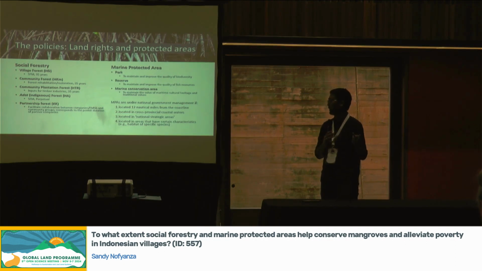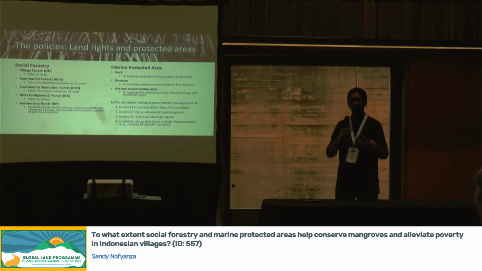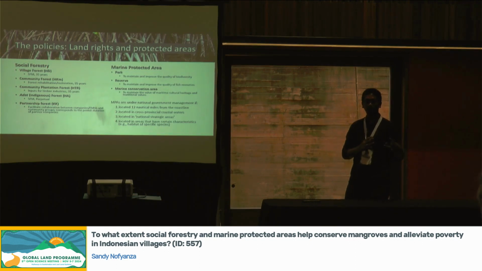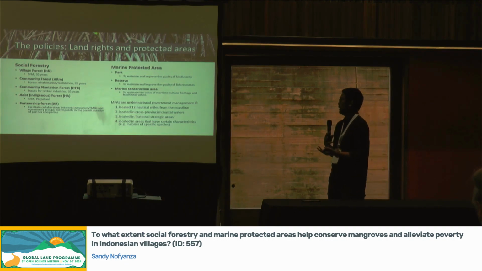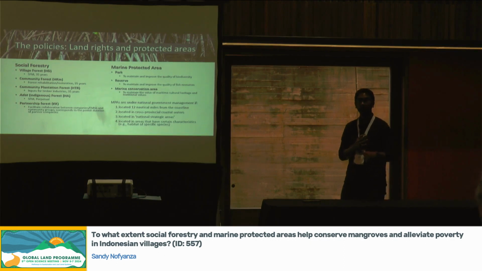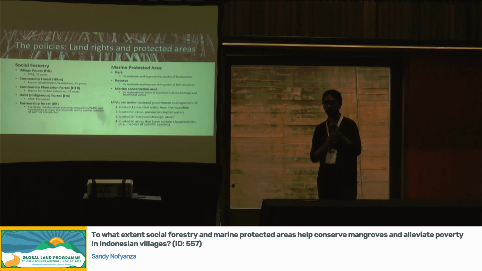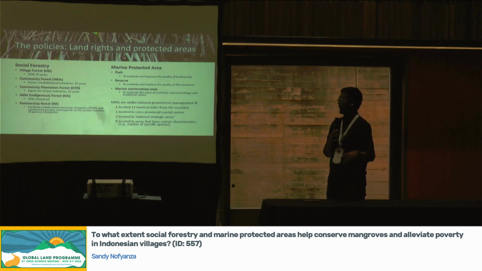And for community plantation, they are supplying timber for nearby mills. Indigenous forest is a bit different because they don't have limitations. Once the land is classified as indigenous, it stays indigenous for that community. And partnership is where they have a specific partnership with specific companies.